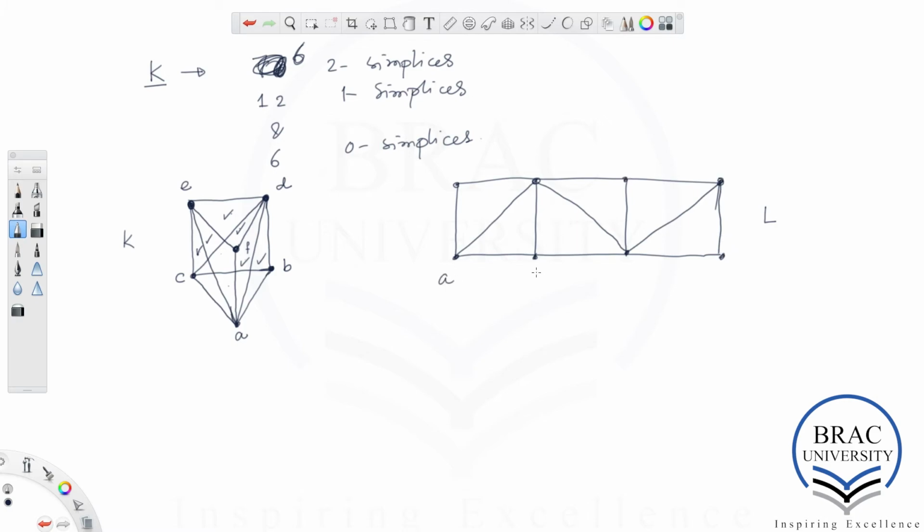So let me label the vertices A, B, C, A, F, D, E, F. Okay. So we attach same labels to some vertices. So this figure tells us that there are 2 different ways of picturing the same simplicial complex.